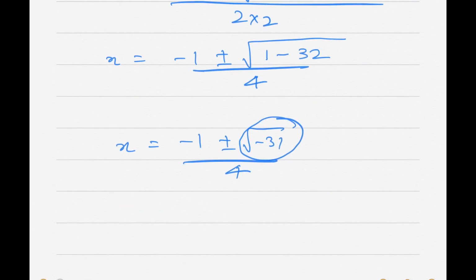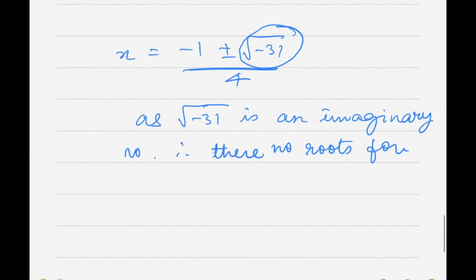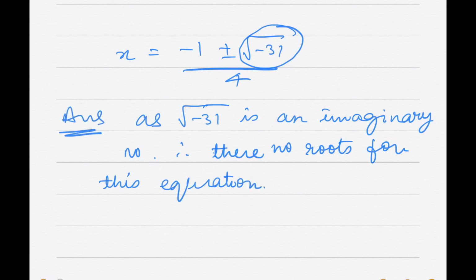So as the root of minus 31 is an imaginary number, there are no real roots for this equation. This is my answer.